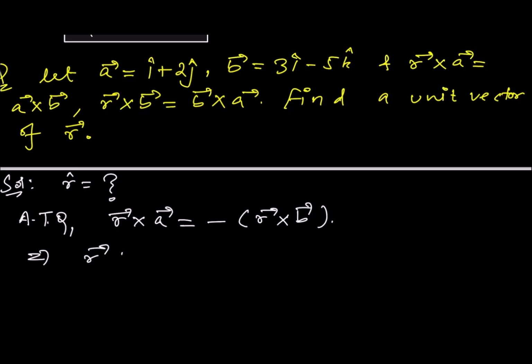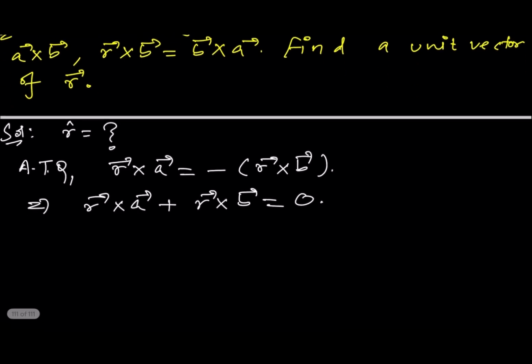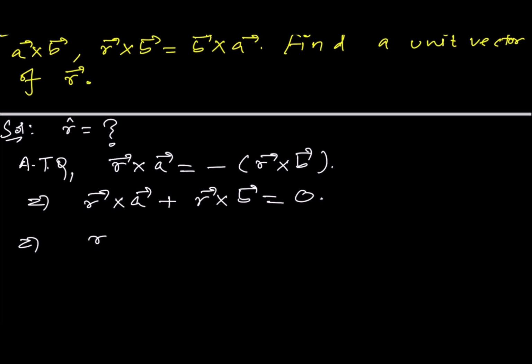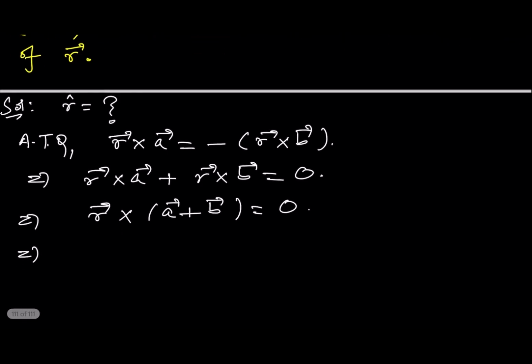So R cross A plus R cross B is equal to 0, or R cross (A plus B) is equal to 0, right? Or I can say R vector is parallel to A plus B.